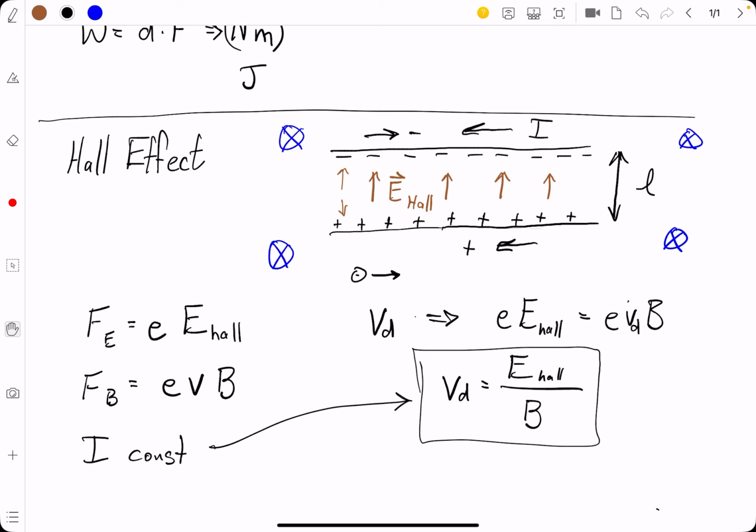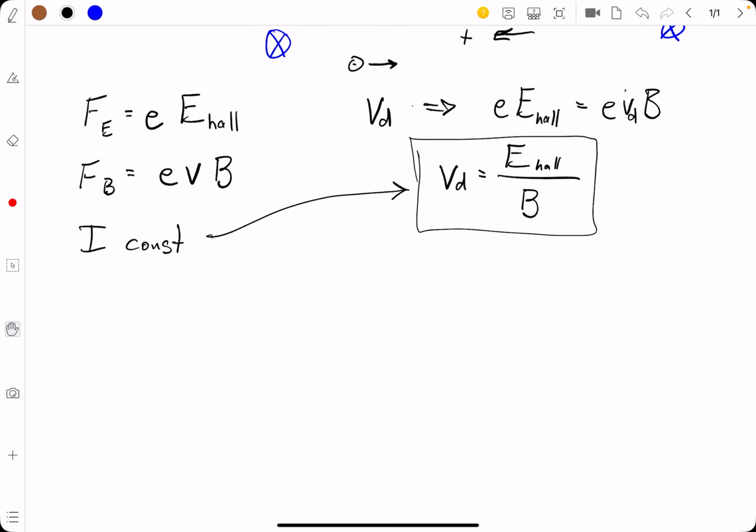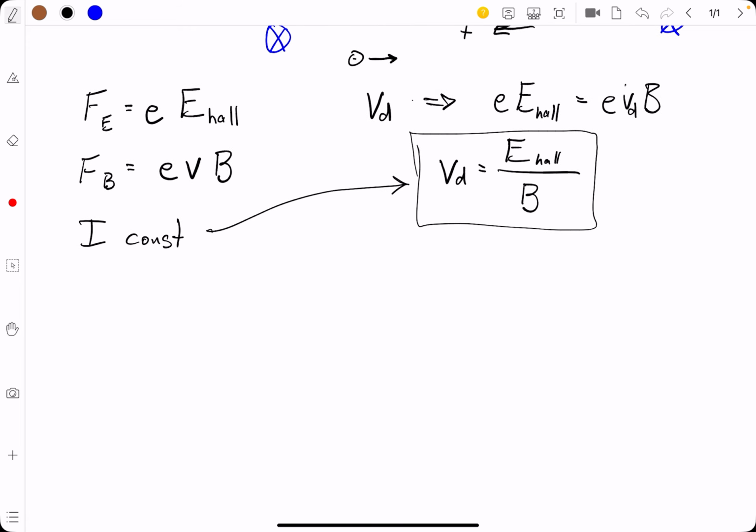So more on the Hall effect. Our current is equal to the number of electrons times the drift velocity times some area, A, that it's traveling through.